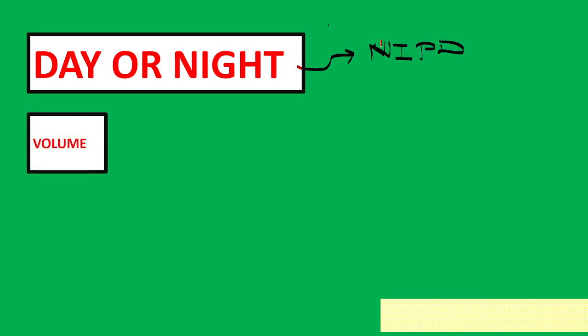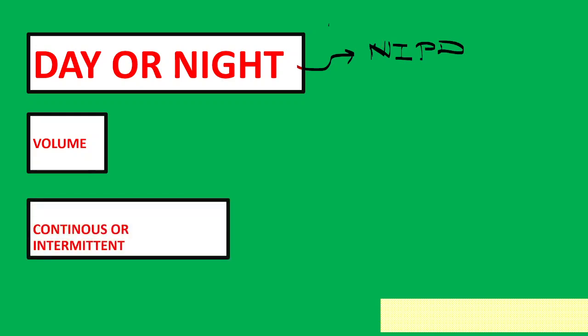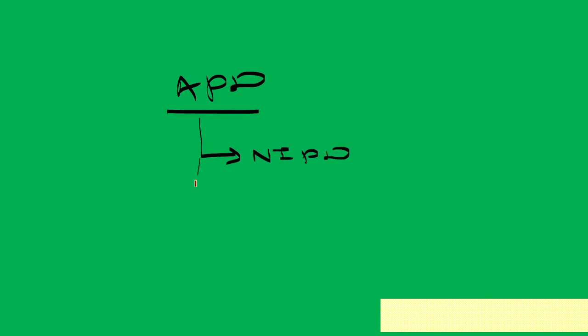Based on the volume, I can say high volume or low volume peritoneal dialysis, continuous or intermittent, I can label it. So the APD can be further divided into multiple types. Sorry, if I am advising APD in the night, it is called nocturnal peritoneal dialysis.